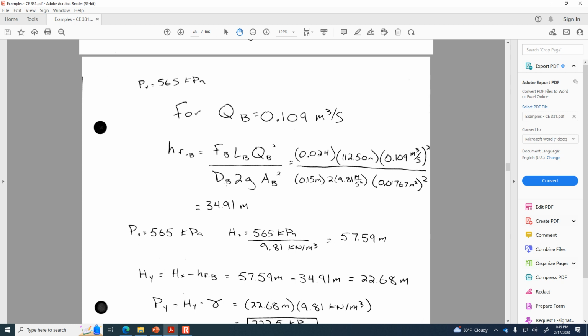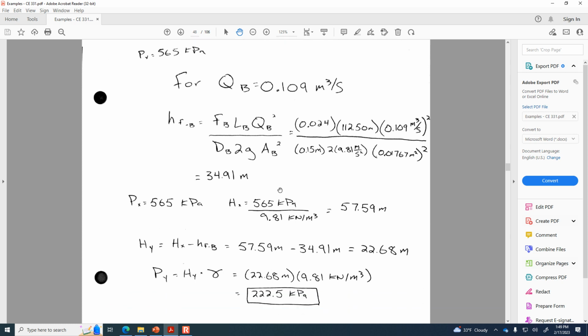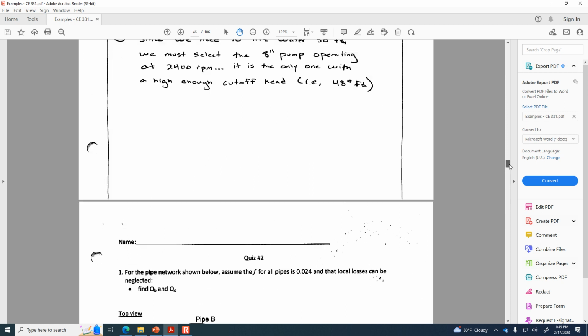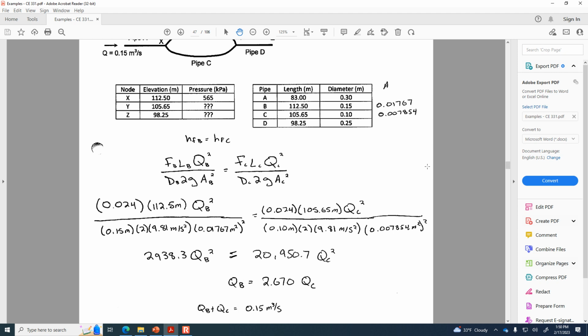We need to know the total head, and the total head includes the elevation head and the pressure head. So if we find the amount of head downstream and subtract out the losses, we can find that it went from 565 kilopascals upstream and calculate the new pressure downstream.